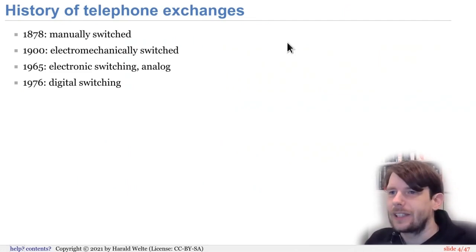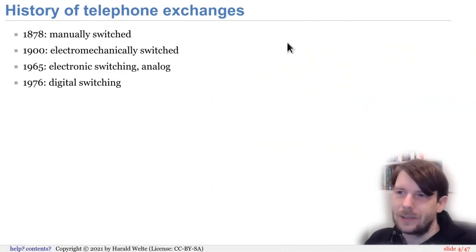Around 1965, the first electronic switching systems came about that still had analog multiplexers and analog switching matrices, and about 1976, digital switching started, meaning that you have digital control deciding about the switching, and also digital signals that are being switched.